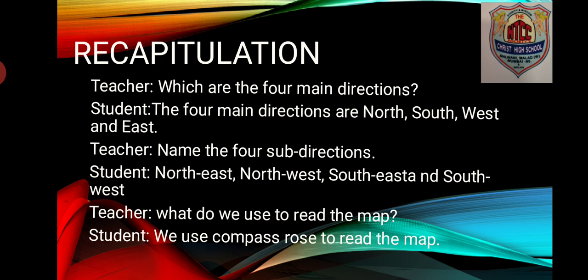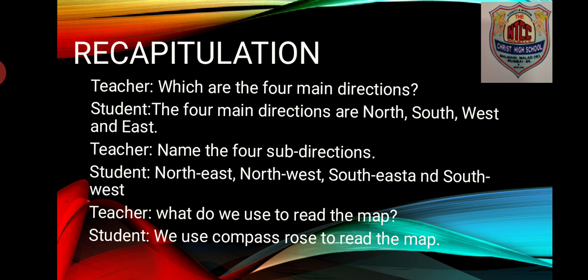Recapitulation. First question, which are the four main directions? The four main directions are north, south, west and east. Next one, name the four sub-directions: northeast, northwest, southeast and southwest.